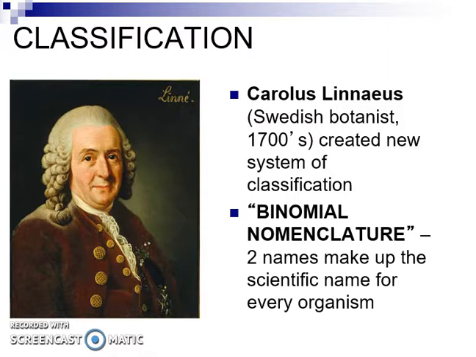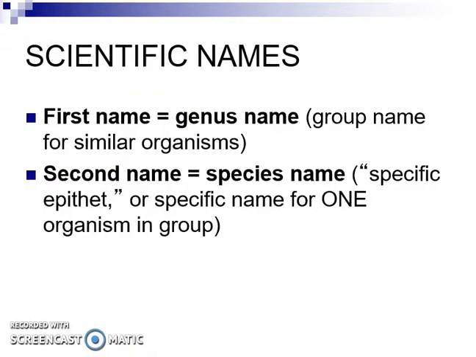Really cool. I'm going to give you an example in two slides. But first, we'll go over the fact that the first name came from the genus name, called the group name of all similar organisms, and then species is even more specific. Now, this is based off of the idea that his system came off of a much larger bracket of system, and you'll see this in the reading that I'm going to give you guys in class.